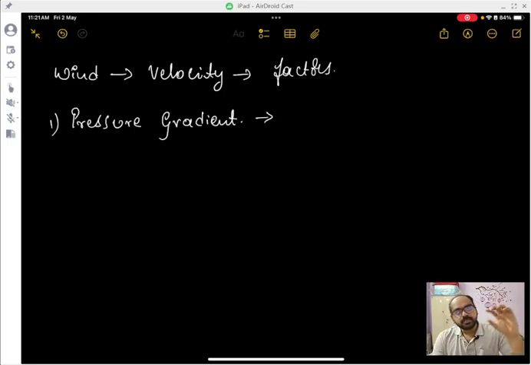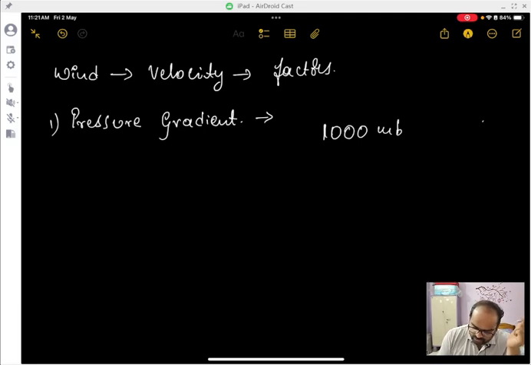Whenever this pressure gradient is high, wind travels much faster. Let's say pressures are measured with a unit called the millibar. Let's say here it is 1000 millibar, and here it is 600 millibar.